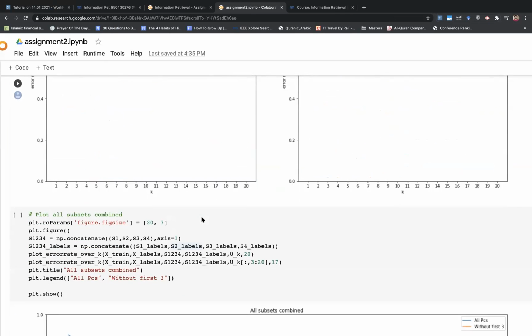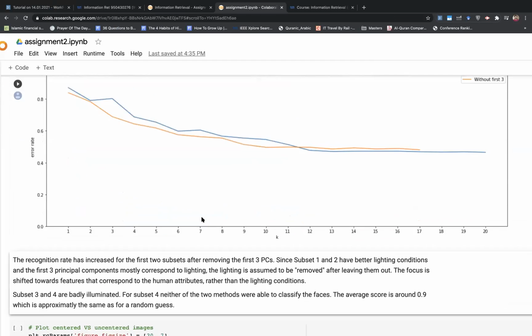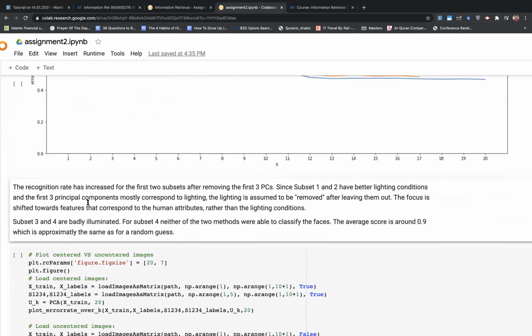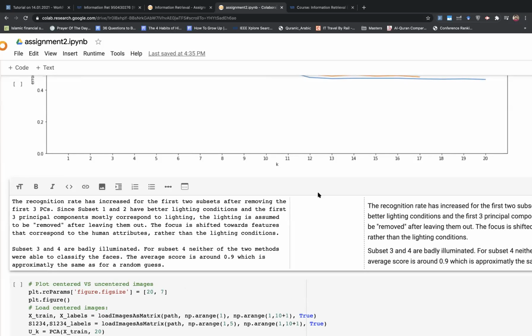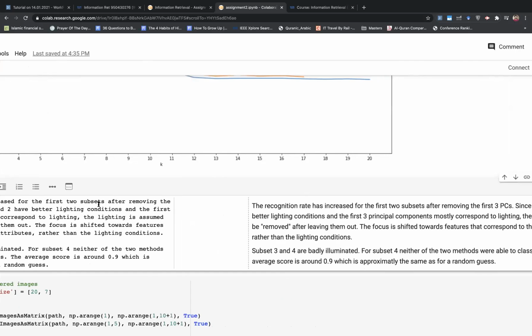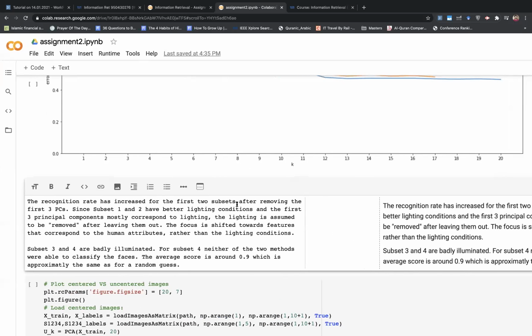So let's see what is happening and what could be the possible explanation. The recognition rate has increased for the first two subsets after removing the first three principal components. Subset 1 and subset 2 have better lighting conditions, I would not say better, I would say similar lighting conditions, right?